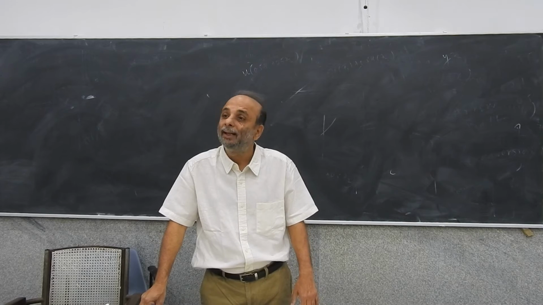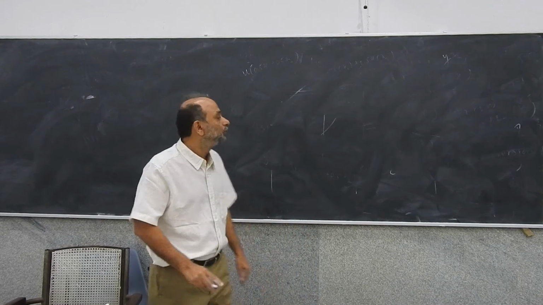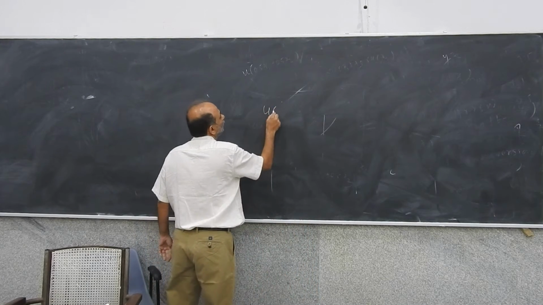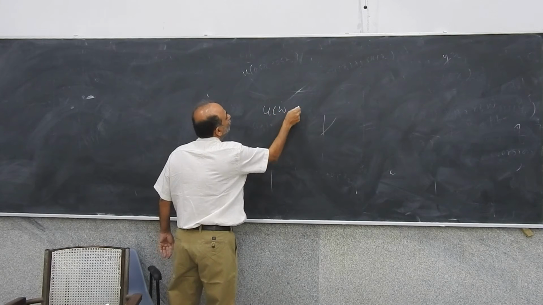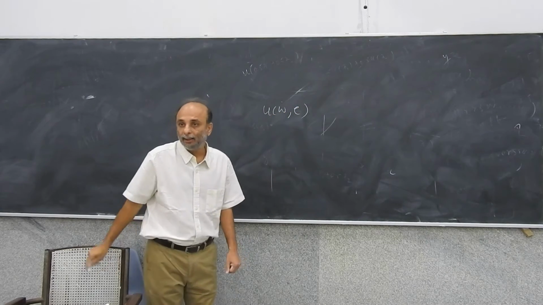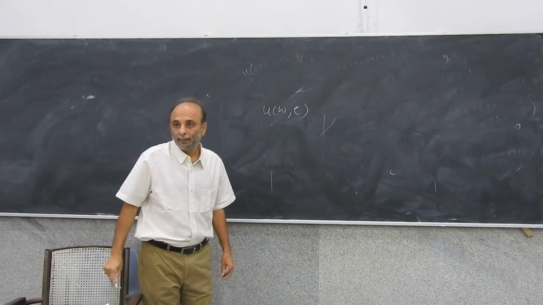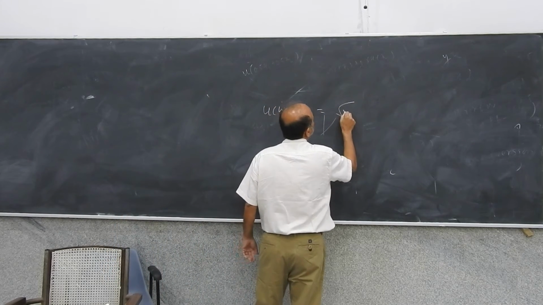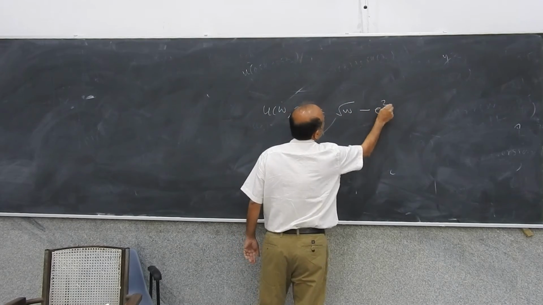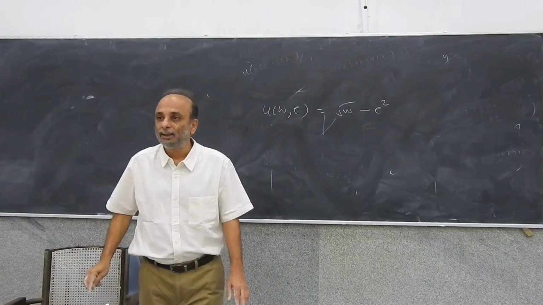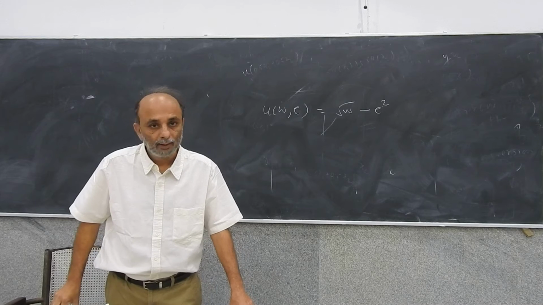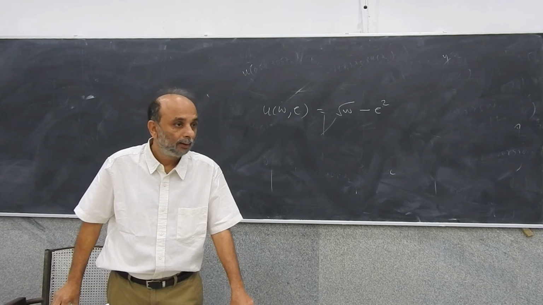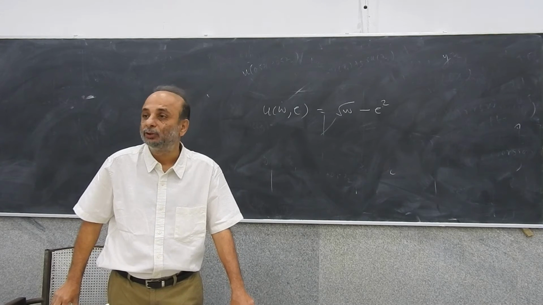So his utility declines in the effort. So let us write u of w and e is, say, square root of w minus e square.